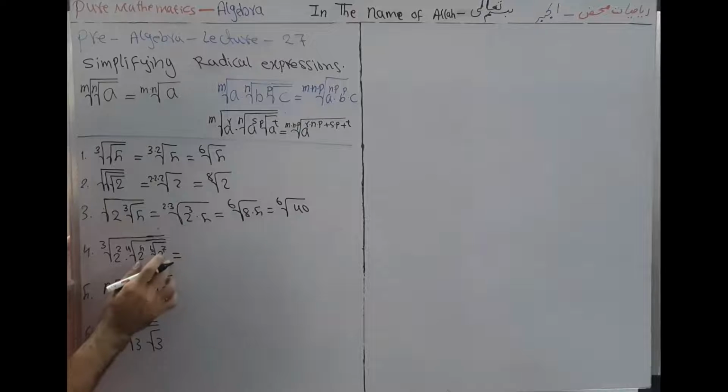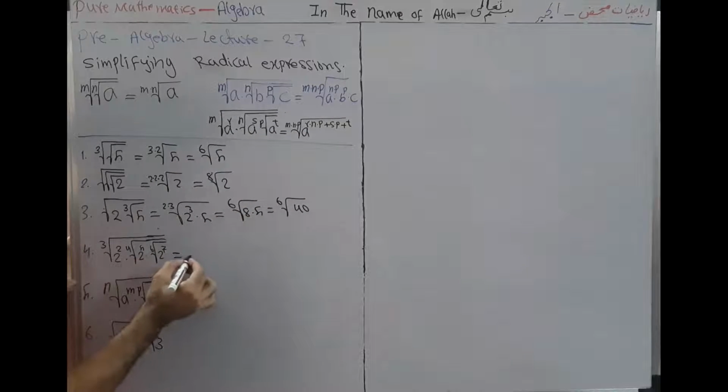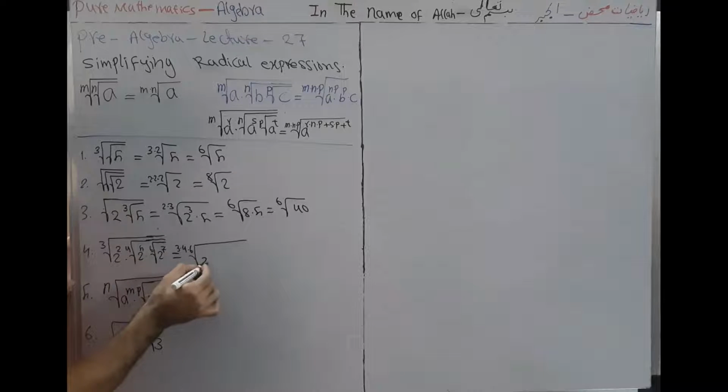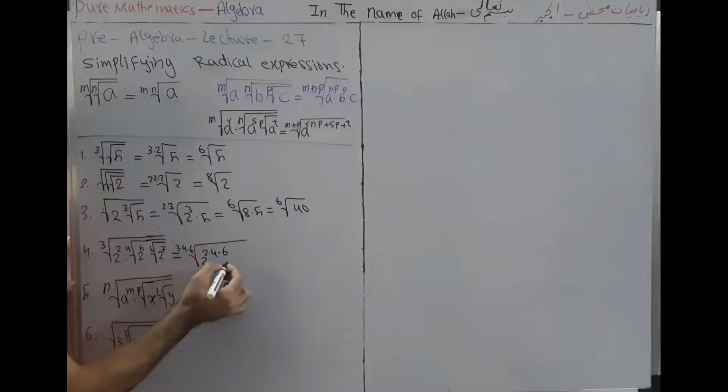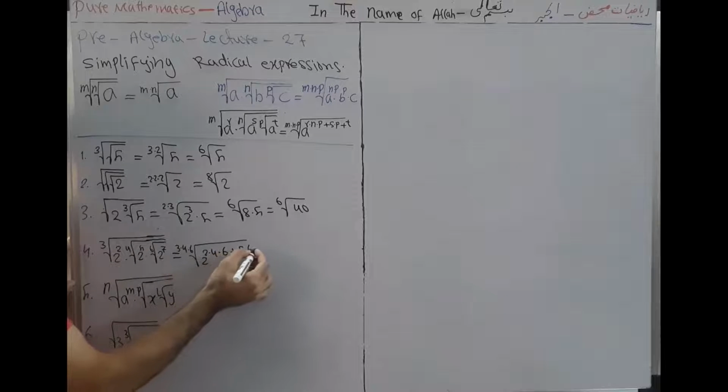Next one, we match to this rule, so we can write root 3 multiplied by 4 multiplied by 6. 3 multiplied by 4 multiplied by 6, to the power 2 multiplied by 4 multiplied by 6 plus 5 multiplied by 6, plus 7.